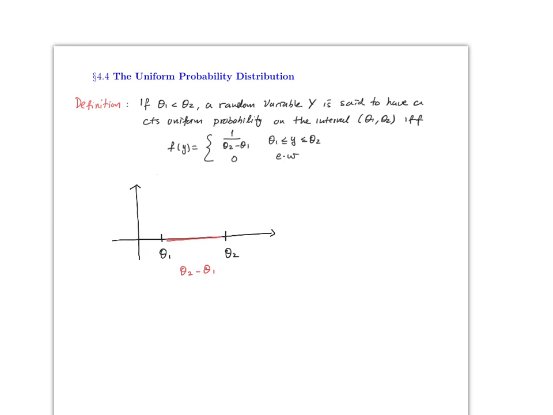If you want this to be a density function, the whole area has to equal 1, so therefore the height has to be 1 over theta 2 minus theta 1.